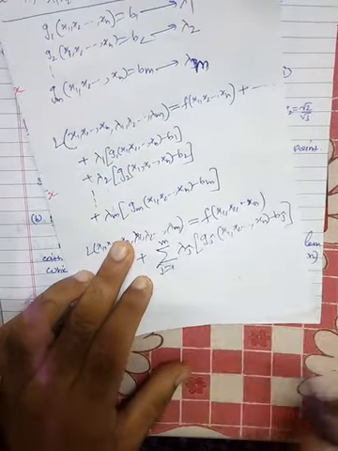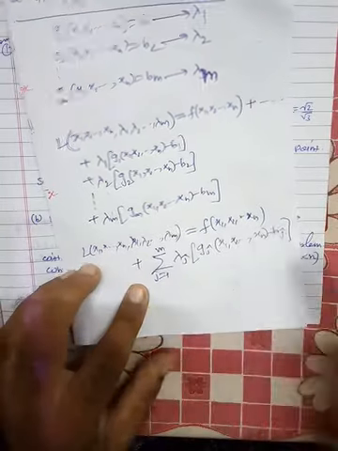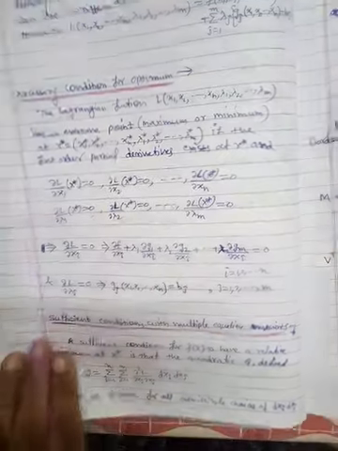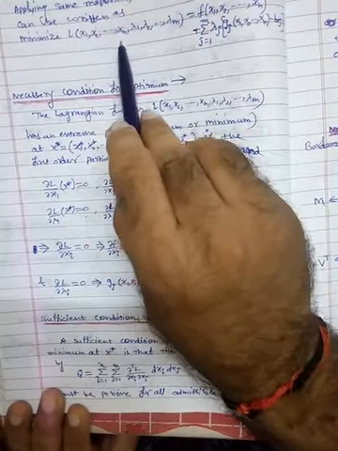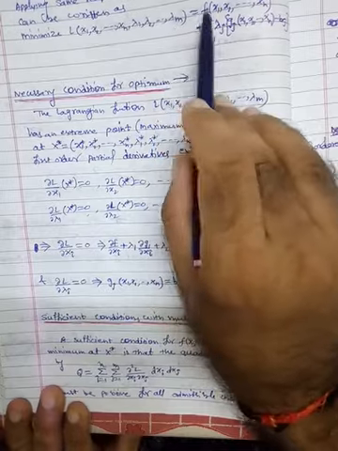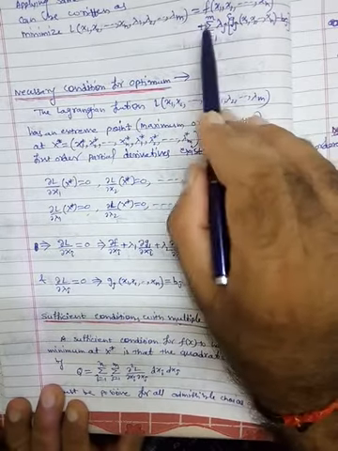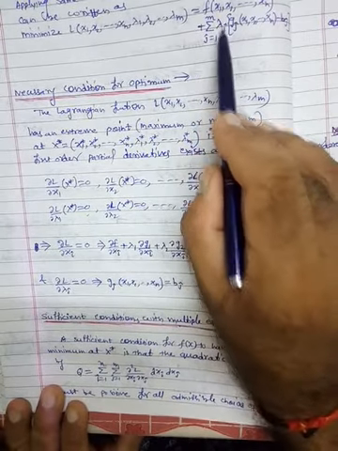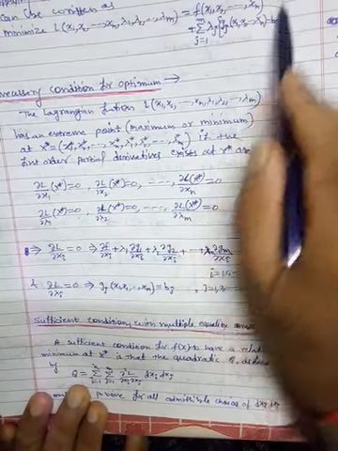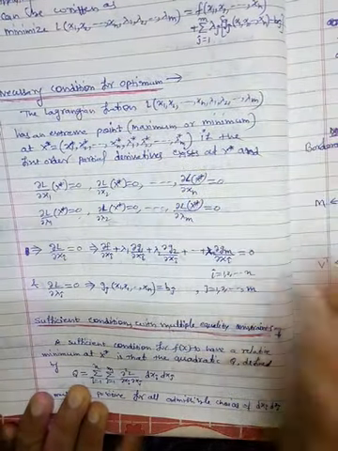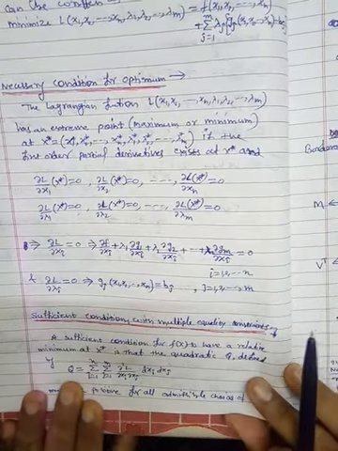In short, in summation we can write this. This is our Lagrangian function. So this is written on the next page here. This is our Lagrangian function: L of x1 x2 xn lambda 1 lambda 2 lambda m is equal to the objective function plus summation j from 1 to m lambda j gj x1 x2 xn minus bj. I hope you understand now.